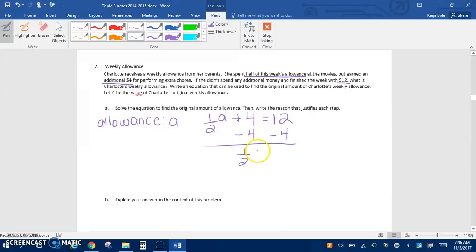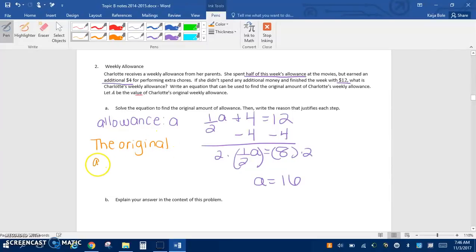So we get 1/2 A equals 8. And now we need to multiply both sides by 2. So we get A equals 16. So we can say that the original allowance was $16.